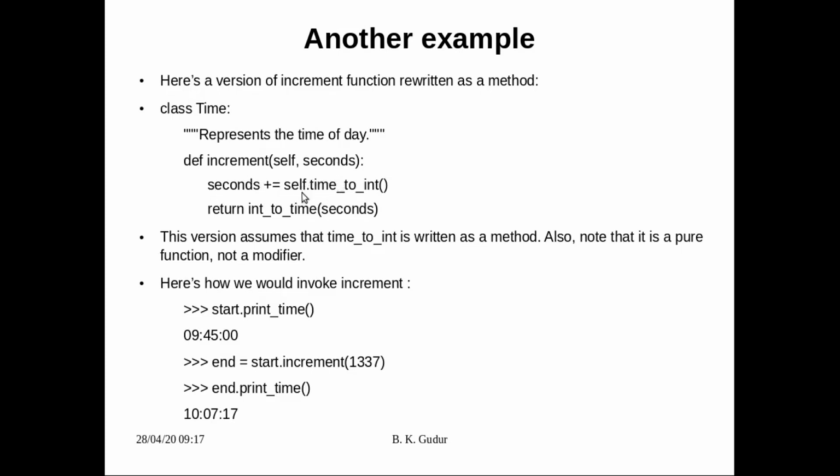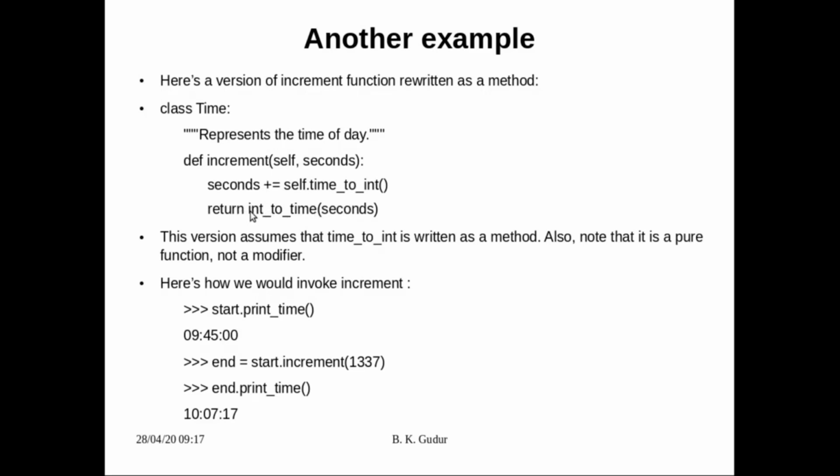We have called the time_to_int method on this particular object, and later return int_to_time, where we have given whatever the seconds are. These seconds will be added to this object by converting it to an integer. That's what time_to_int is called on, and whatever it returns will be added to these seconds, and the total seconds will later be converted back to time.